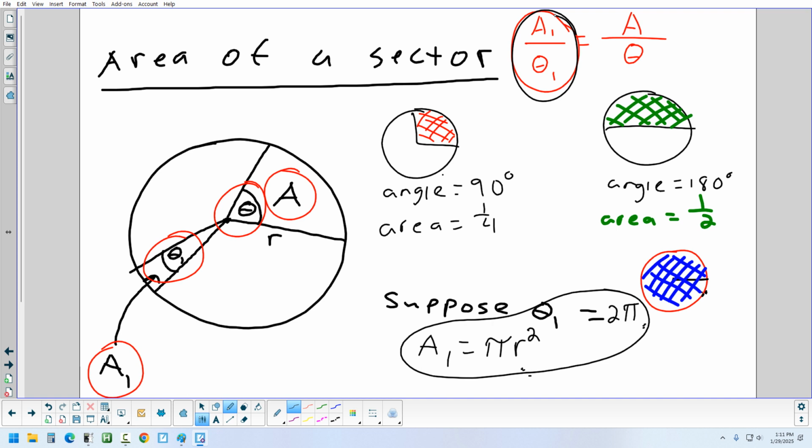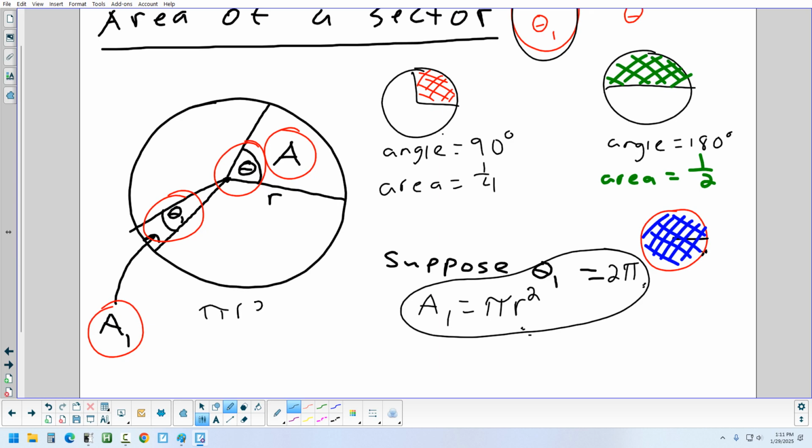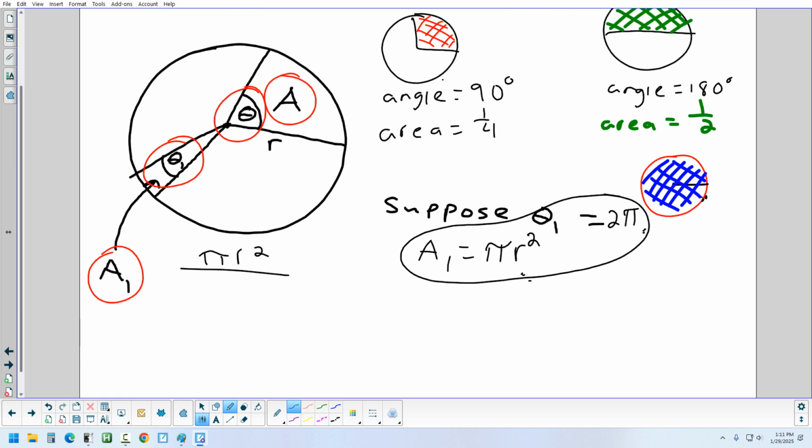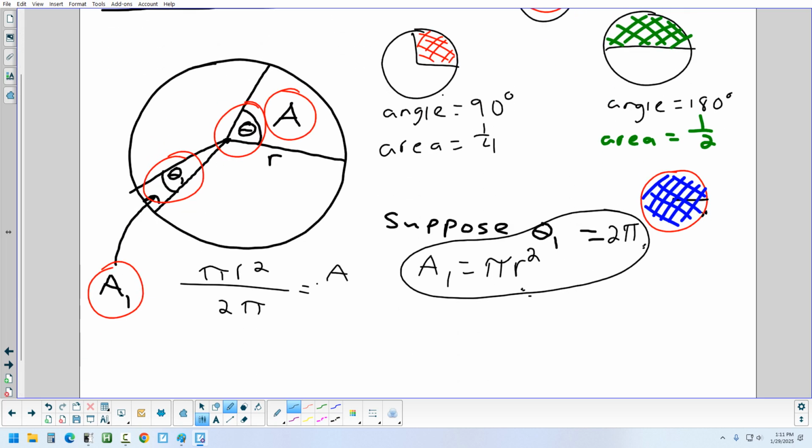We can cross multiply. So let's change A1 to pi r squared over 2 pi, theta 1, which is 2 pi. And the other side, that's what would be given to you in the problem. Now, before you cross multiply, does anybody see what cancels on the left?